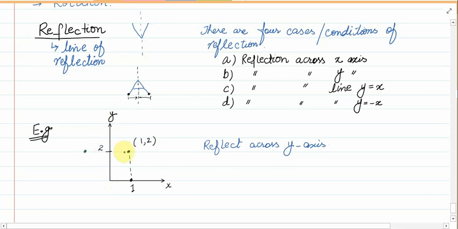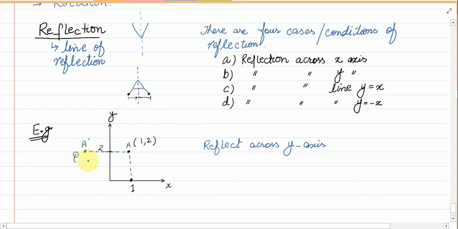So let's suppose you are moving from the point A towards the point A dash. When you reach the point A dash, is there any change in your y value? The answer must be no, because you are moving in the x direction only, so there is no change in y.